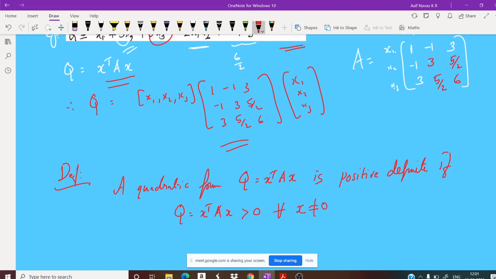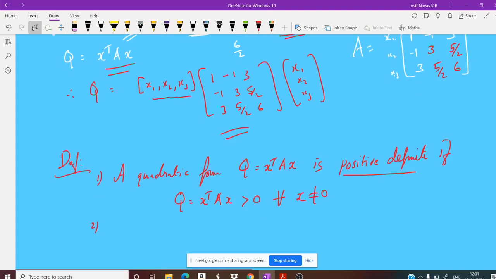That means for all non-zero vectors, x transpose Ax is greater than 0. That means if you give any value for x1, x2, x3, the x transpose Ax must be greater than 0. Then we say that the quadratic form is positive definite.